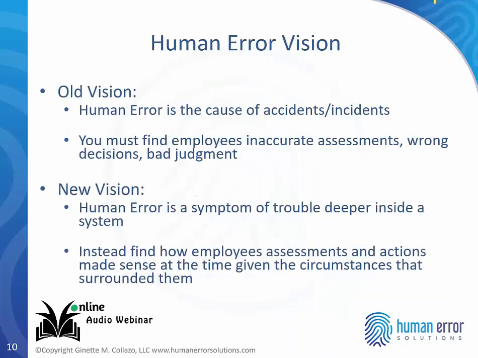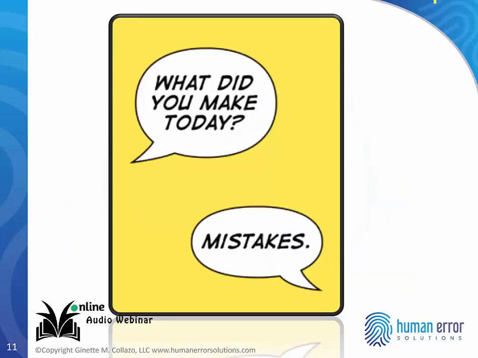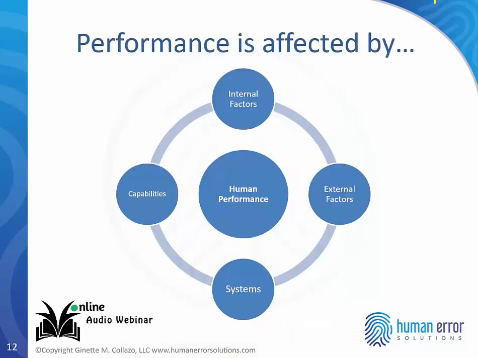Part of what we have to do in order to direct our actions in the right direction is to start moving away from that old paradigm, that old vision on human error in which we would blame people for everything. No, people come to work because they want to do a good job. Around us there are things that affect our performance, okay? So when we talk about human performance, what affects our performance? So we can start working with those facts, all right?